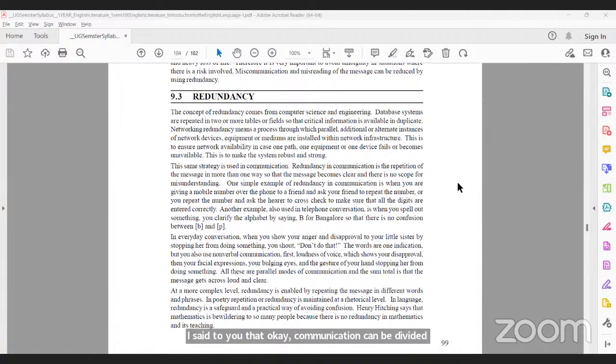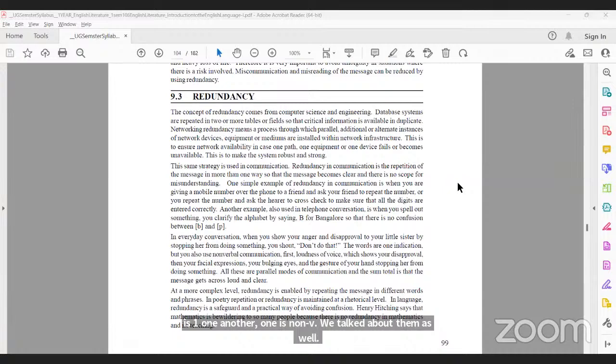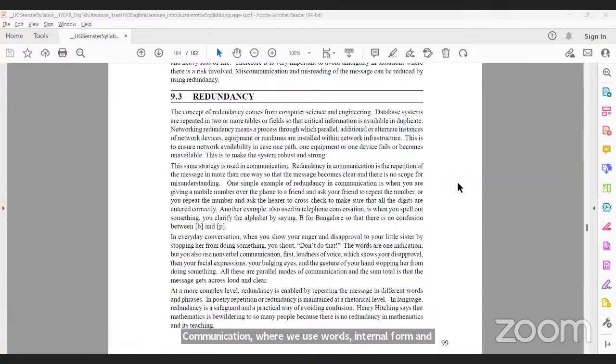We talked about verbal communication, where we use words in oral and written form, and non-verbal communication, where we talked about body language, facial expressions, postures, gestures, all these things. Now, these non-verbal communications are also a form of culture that can change the mode of receiving and sending messages from one person to another. Isn't that so?